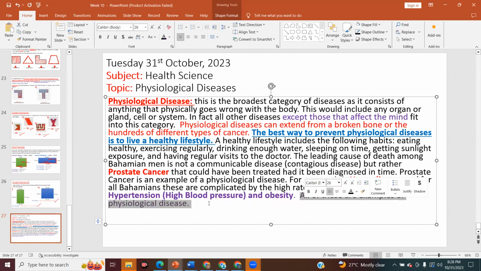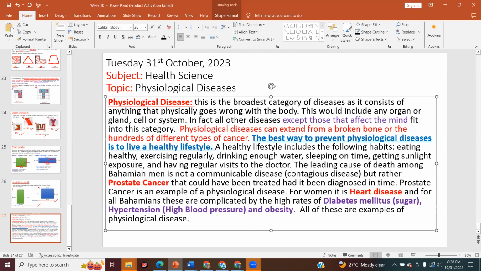How many persons know someone inside their family, or you just know someone from work, family, school, or church, whatever, who has either prostate cancer, hypertension, obesity, diabetes, or heart disease? Anyone know? Anyone? Okay. Anyone know anyone like that? Yes, sir.